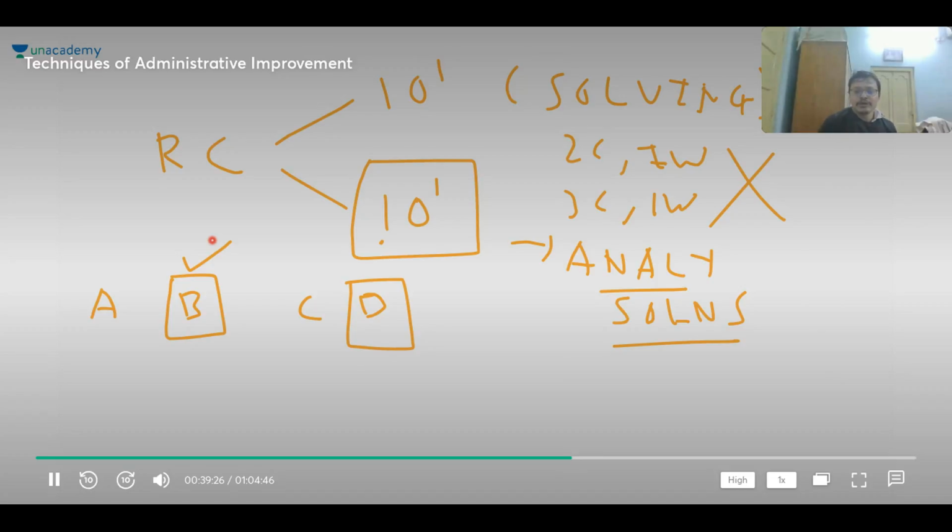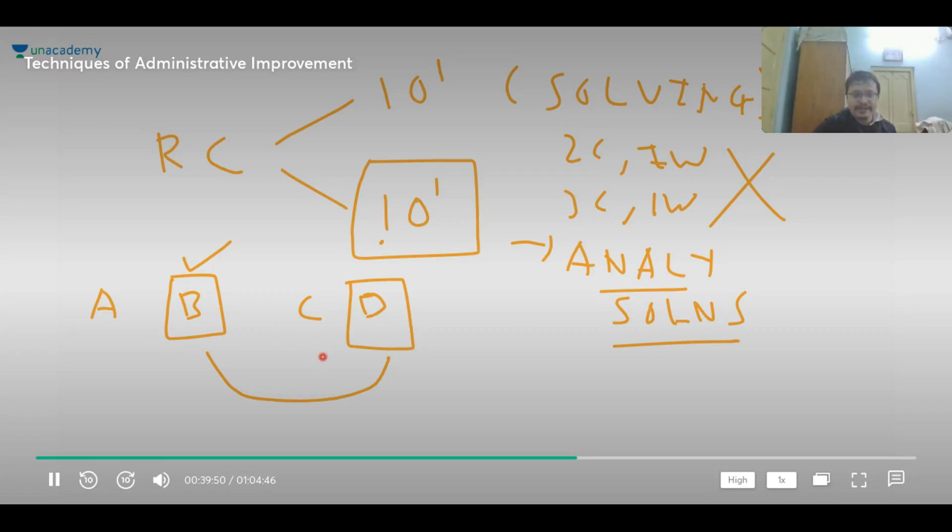So you're not bothered. And this is where a lot of aspirants make a mistake. I understand that you got option B correct, but remember, you had a confusion with option D. It's still important that you analyze the solutions and understand why option D is incorrect, and why option B is the better option.